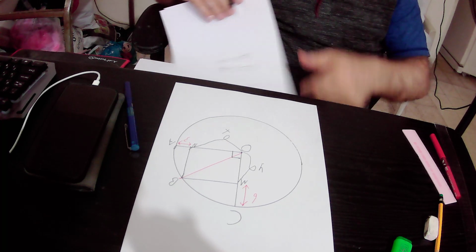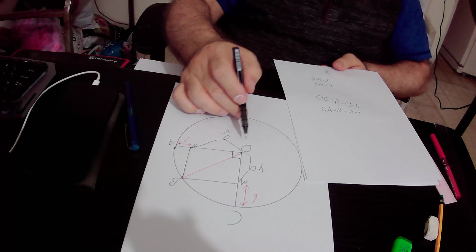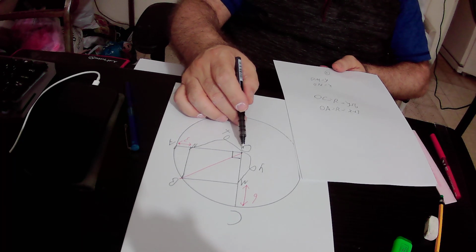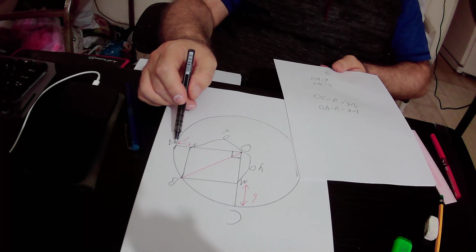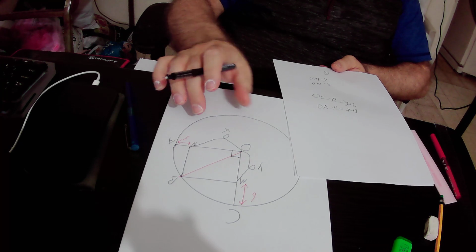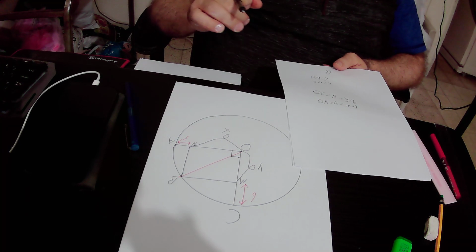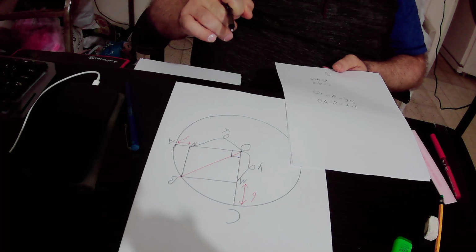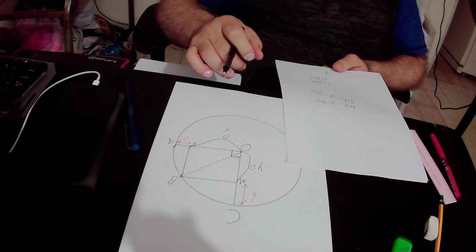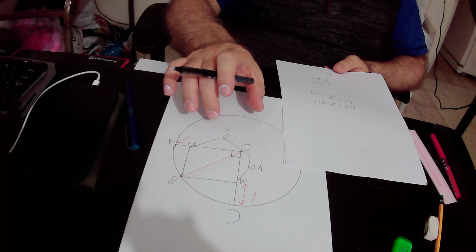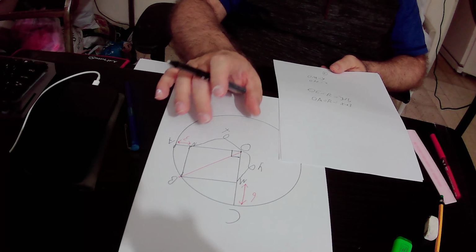Okay, so actually OA is the radius of this circle because it starts at the center of the circle, that is to say point O, and ends at point A, that is a point on the circle itself. Any line segment that starts from the center of the circle and ends at any point on the circle is defined as the radius of this circle, and line segment OA satisfies this definition of a radius of a circle.